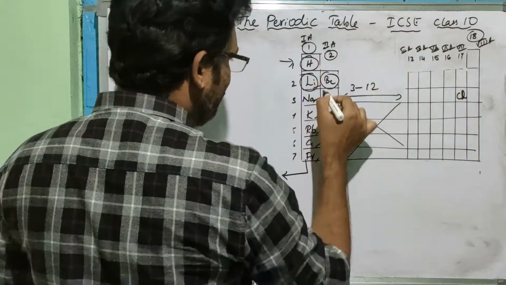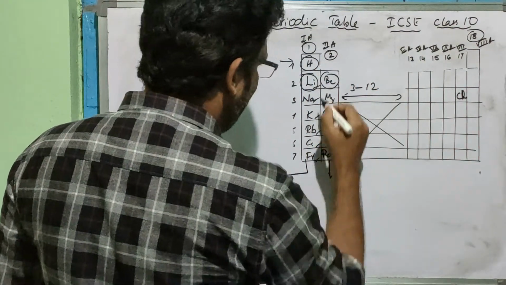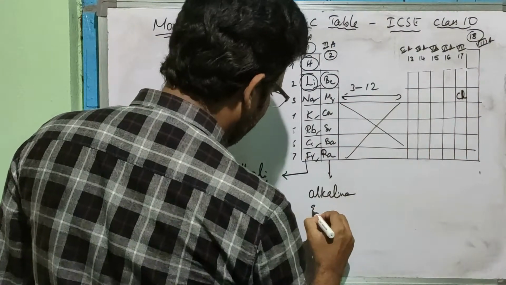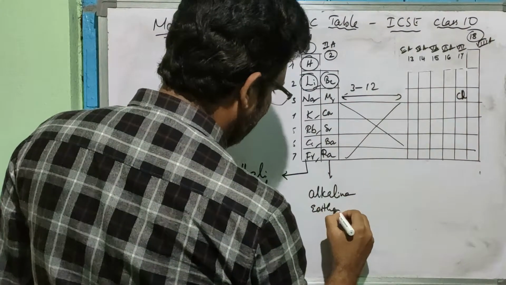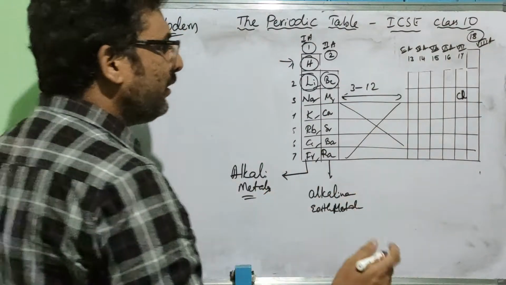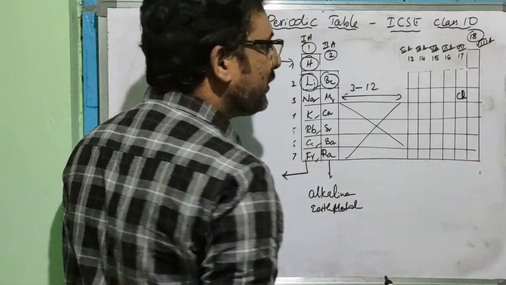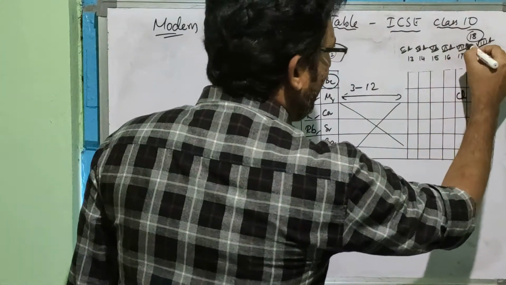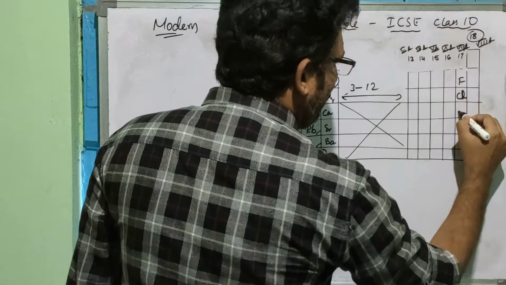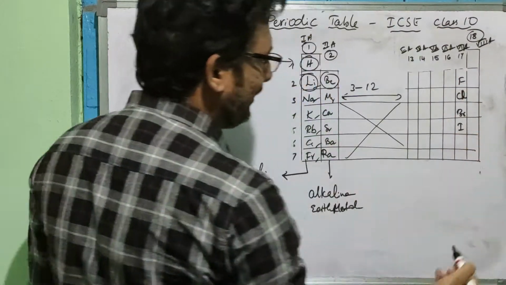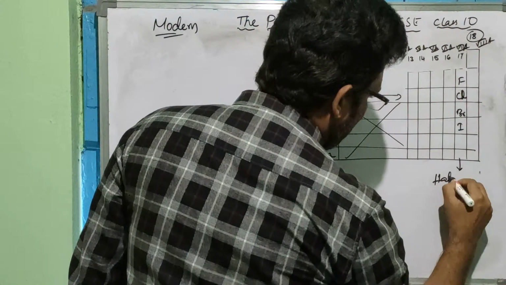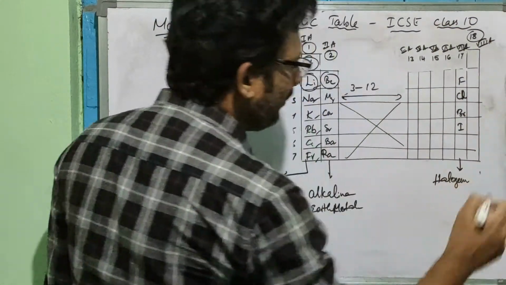And in this group 2 or 2A, they all are metals and they are called alkaline earth metals. Similarly, when you come to this group 17 or 7A, it contains fluorine, chlorine, bromine, iodine, etc. They all together are called halogens.